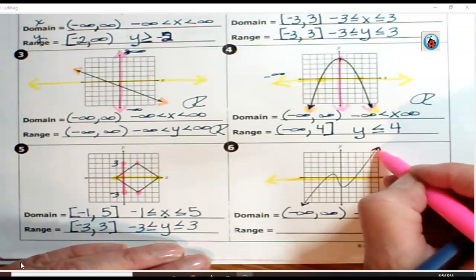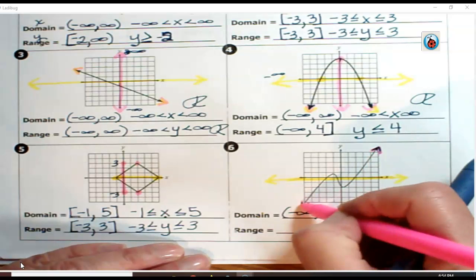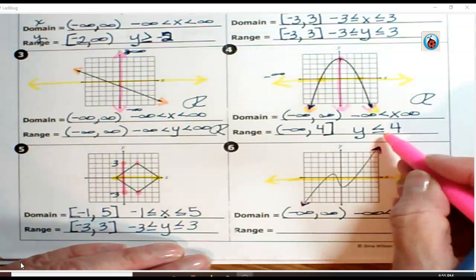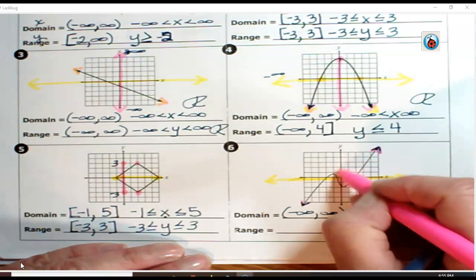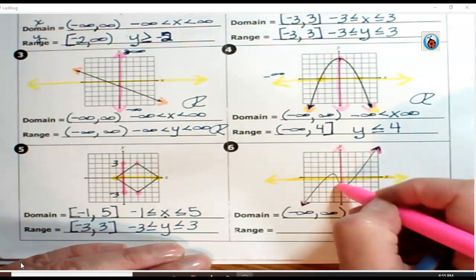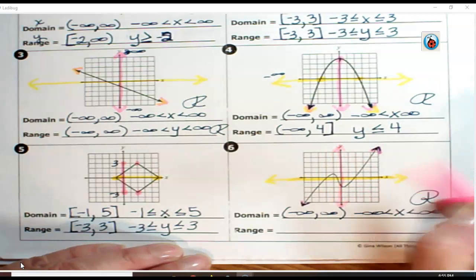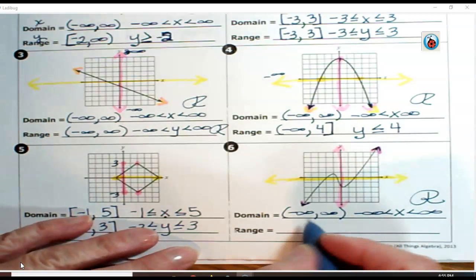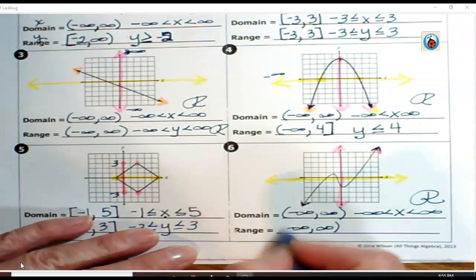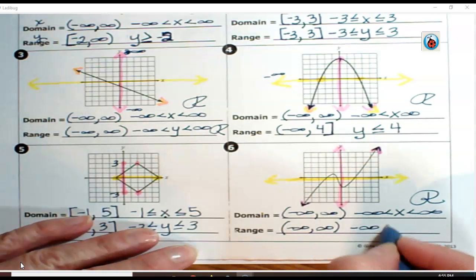But here is an arrow, and here's an arrow, and it does keep going in upward motion. So we're covering all of these numbers going this way and all the y's going here. So for this particular one, it is -infinity less than y less than infinity, and so it's all real numbers.